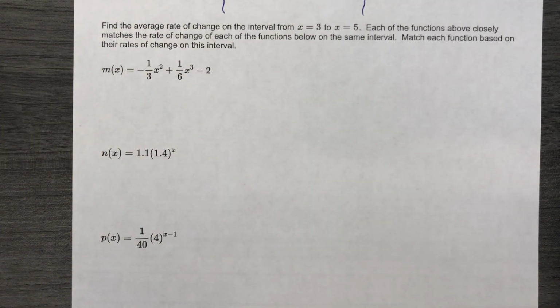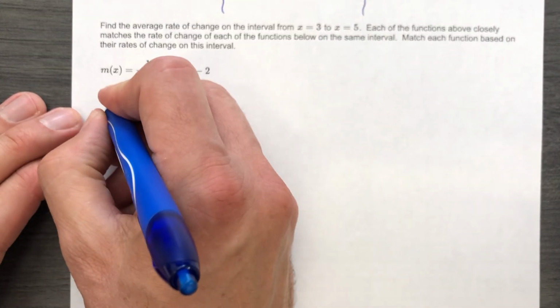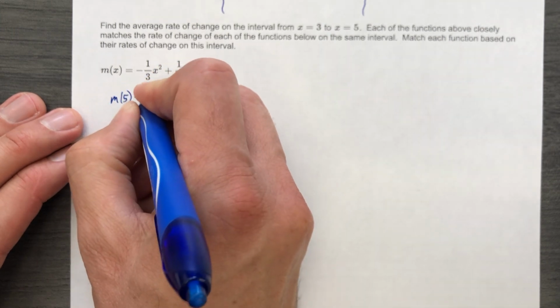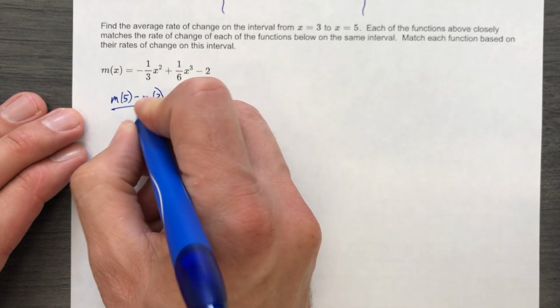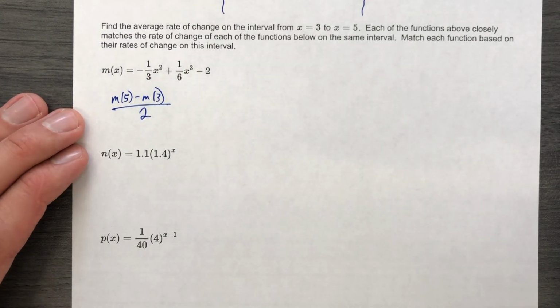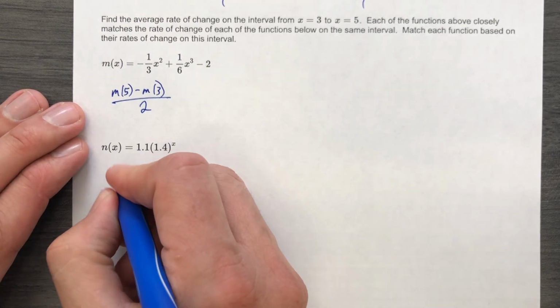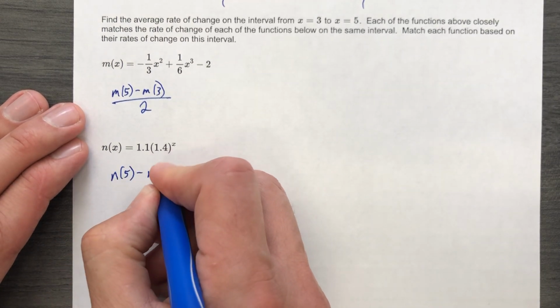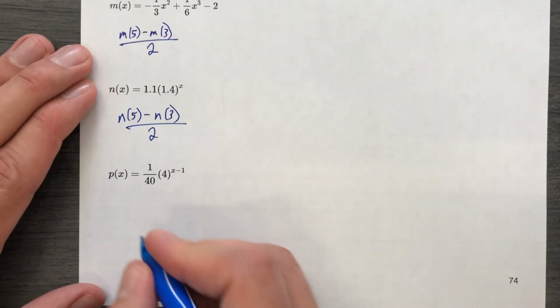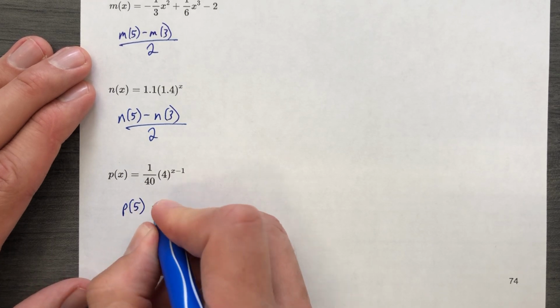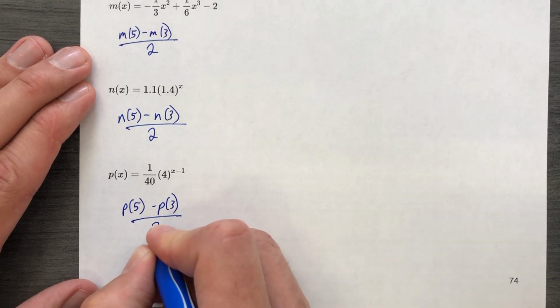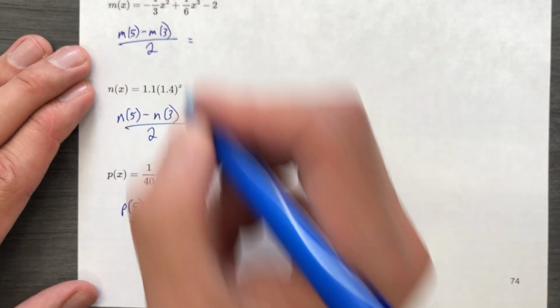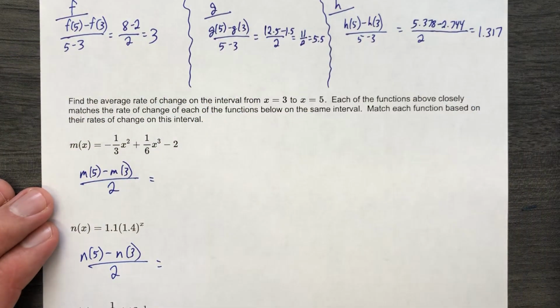So I also have to find the slope of these. I need m of 5 minus m of 3 over 5 minus 3, n of 5 minus n of 3 over 5 minus 3, and then p of 5 minus p of 3 over 5 minus 3. We're going to find these, and then find the ones up here that it closely corresponds to.